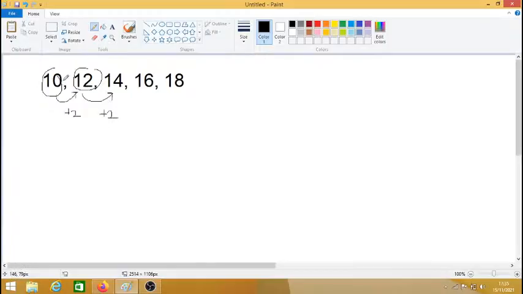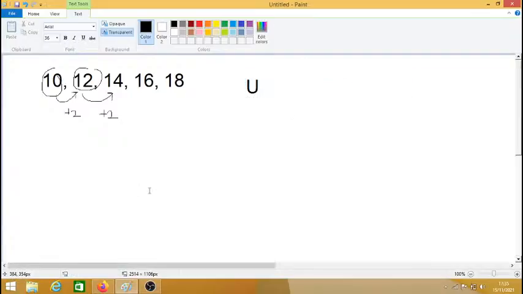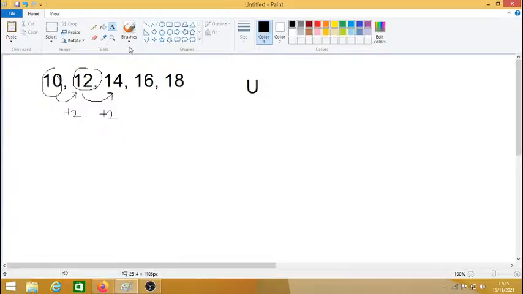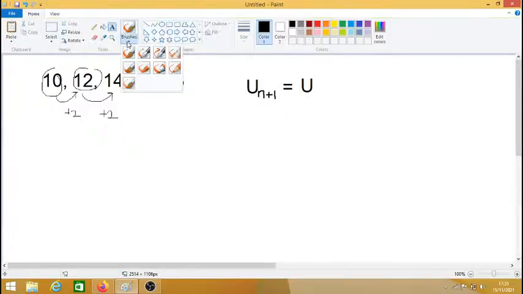So if we call the general term un, and that's a little n, what we're saying is that we can get the next term, the next number along in the sequence, that's called un plus 1, by taking whatever we got just now, un, the number we're at now.